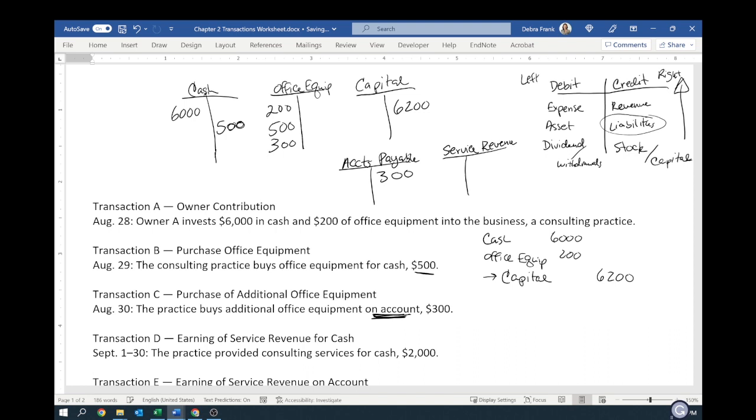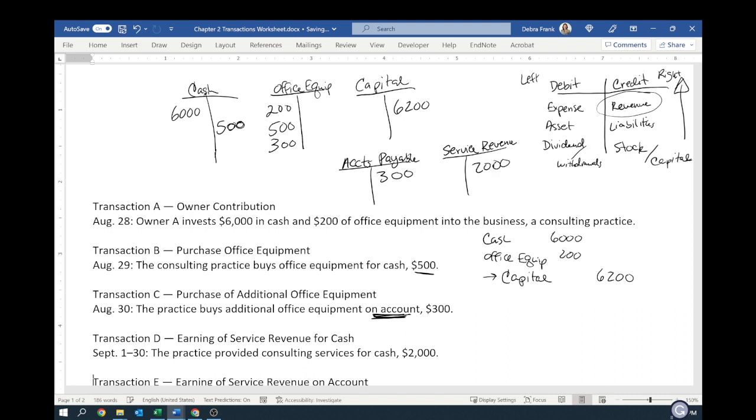All right. So we can now look at our sheet and see that when we increase service revenue, that'll be on the right side for credit. So service revenue increases on the credit side. We want to reflect that we have some earned revenue, and that's $2,000 worth.